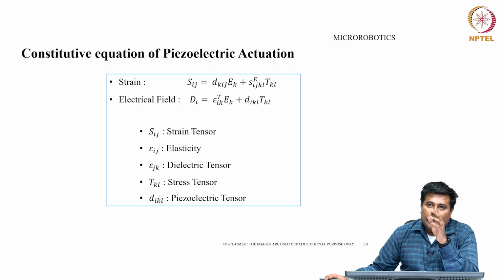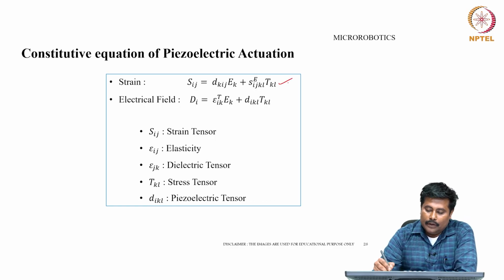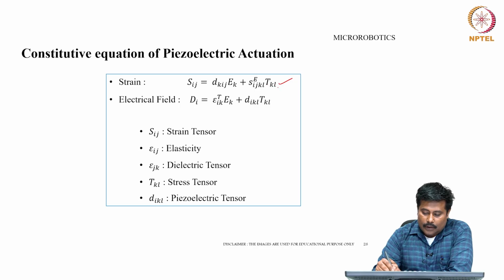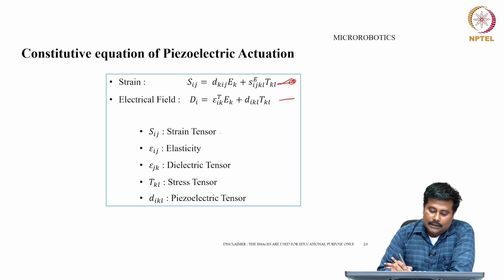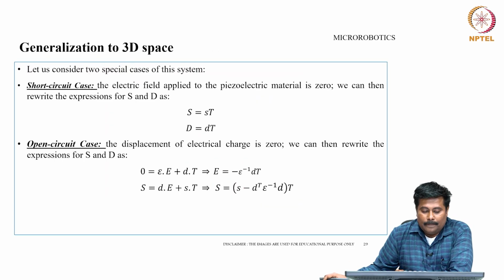However, when we consider the constitutive equation of piezoelectric actuation, the strain S_ij is represented as d_kij E_k plus this particular term, and the electric displacement is represented as D_i, where S_ij is the strain tensor, s_ij is the elasticity, ε_jk is the dielectric tensor, T_kl is the stress tensor, and d_ikl is the piezoelectric tensor.